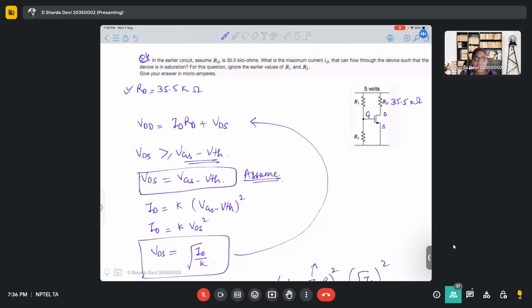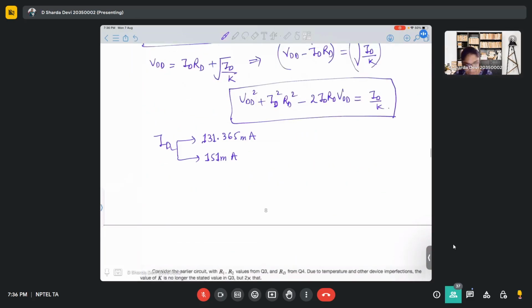How would you use KVL? Can you elaborate? Okay. So yes, the answer is right. We will use KVL. The only KVL that we can use is VDD equal to IDRD plus VDS.